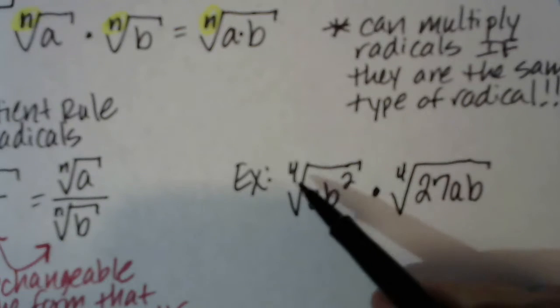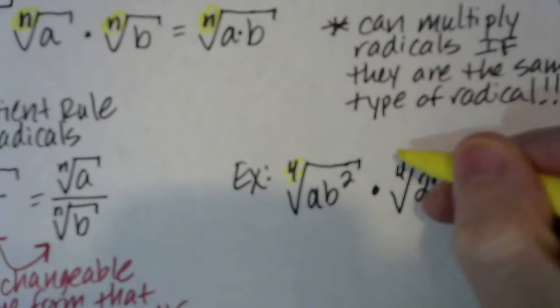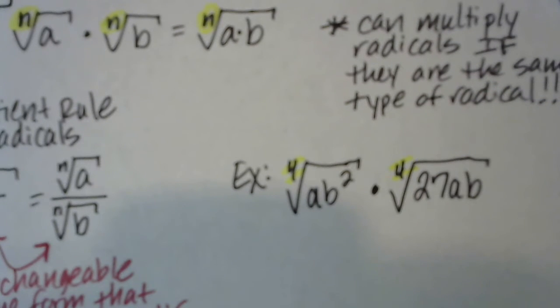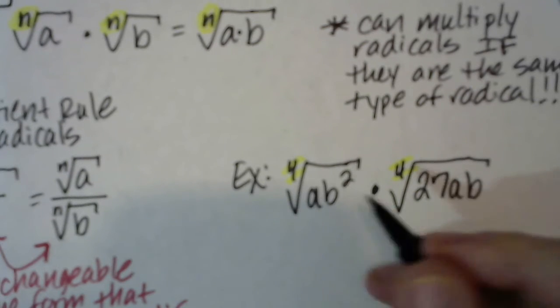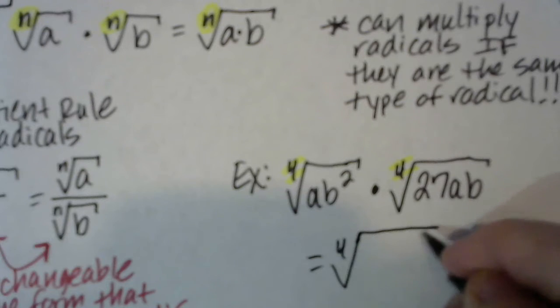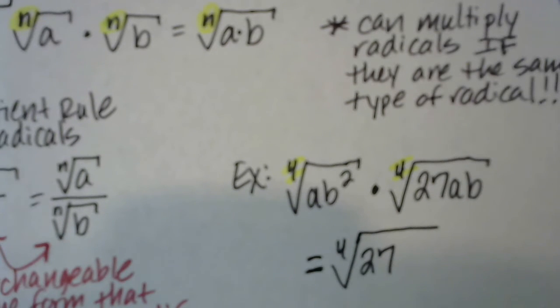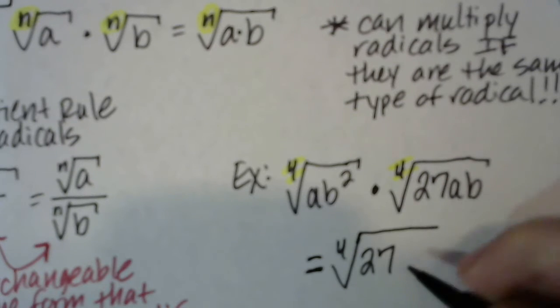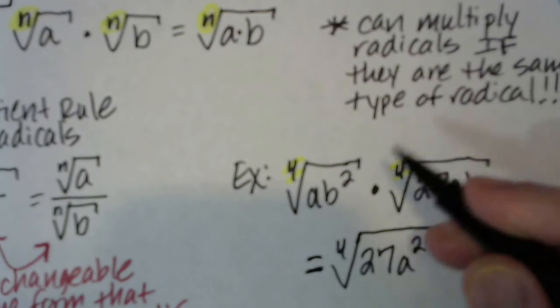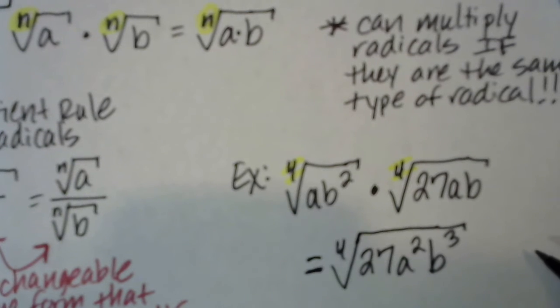So I see that I have the same type of root. Since these are the same, I know that I can multiply whatever is underneath the radical. So this is going to give me the fourth root of 27. A times A is A squared. B squared times B is B to the third.